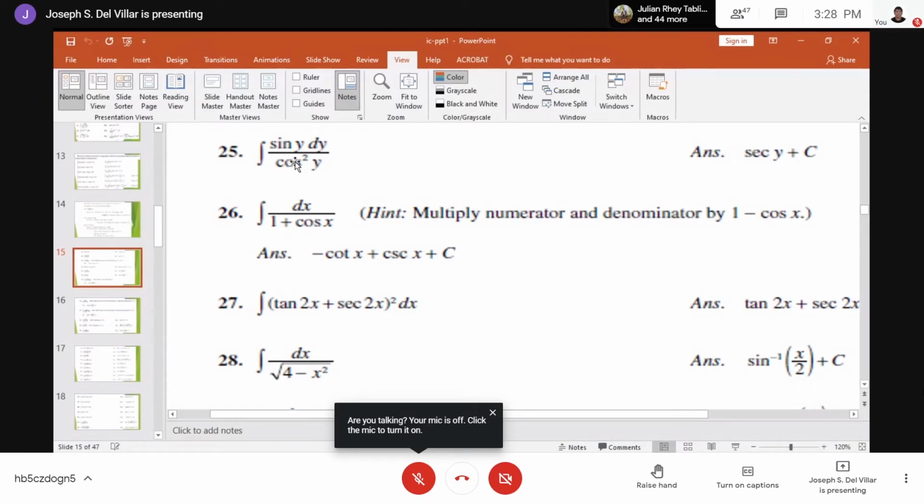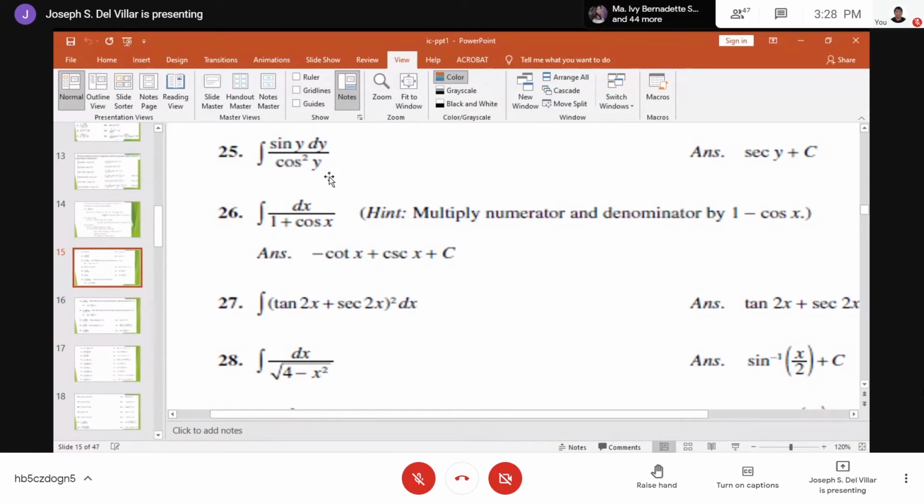May natitira pa tayong isang cosine y sa ilalim. Okay? So, this expression translates into the integral of tangent y times 1 over cosine y times dy. Tama? Yes, sir. Okay.